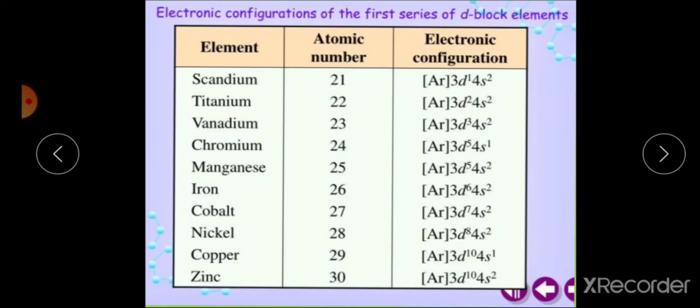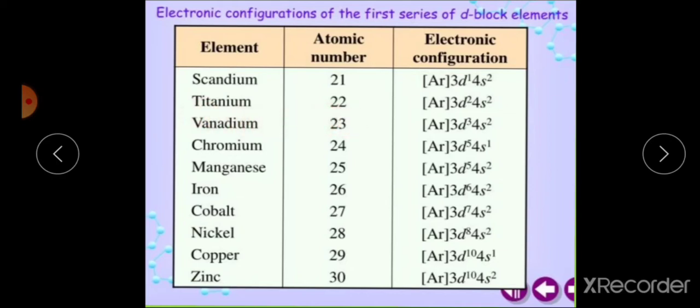The electronic configuration of the first element in the 3d series, scandium, having atomic number 21, is argon 3d1 4s2. Argon has atomic number 18, plus 3d1 makes 19, plus 2 makes 21.